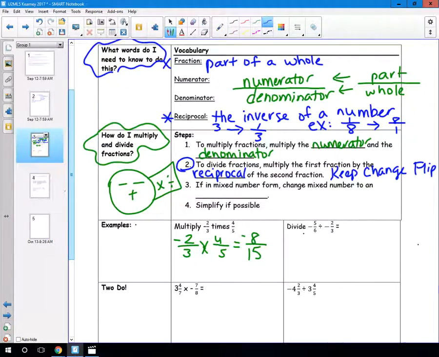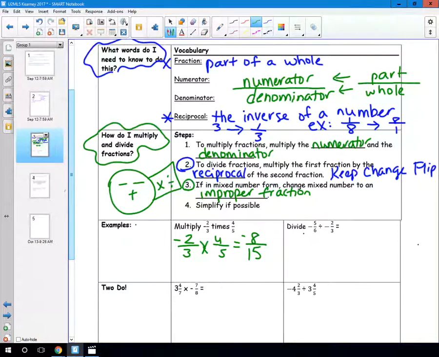Okay? And then we just want to take a moment to look and say that if the number's in a mixed number form, that's the first thing you want to do: change all mixed numbers to improper fractions. Okay, and that's actually, guys, we should have put that at the top.